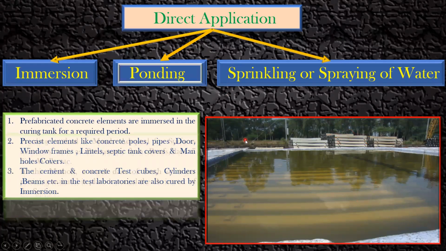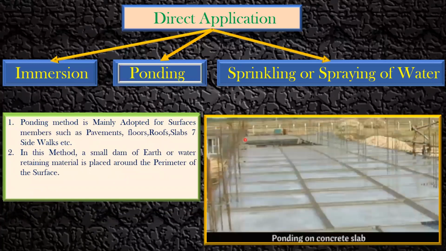The next one is called ponding. Ponding is mainly adopted for surface members such as pavements, floors, roof slabs, and sidewalks, etc. In this method, a small dam of earth or water-retaining material is placed around the perimeter of the surface.